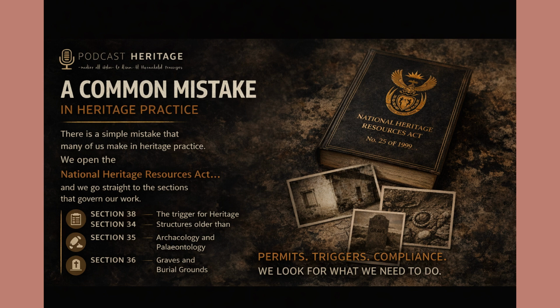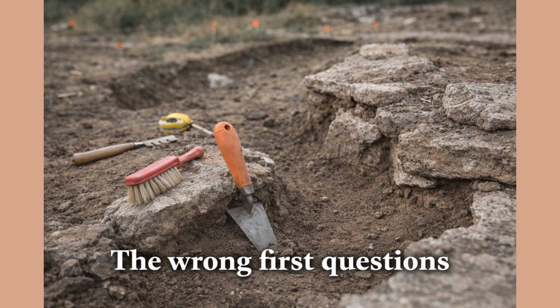These sections could include Section 38, which is the trigger for heritage impact assessments, or Section 34, structures older than 60 years, Section 35, archaeology and paleontology, Section 36, graves and burial grounds. We may go to the sections that discuss permits, triggers, compliance. We tend to go directly to what we need to do.